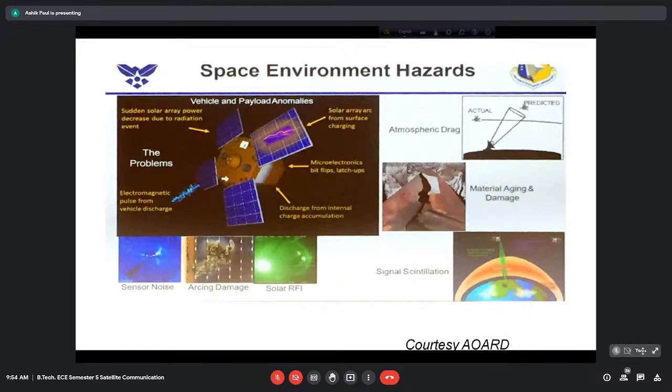The space environment hazards, other than those which we have mentioned, include the natural phenomena arising out of the non-spherical shape of the Earth, and also the gravitational attraction of the Sun and the Moon. All these features are there.